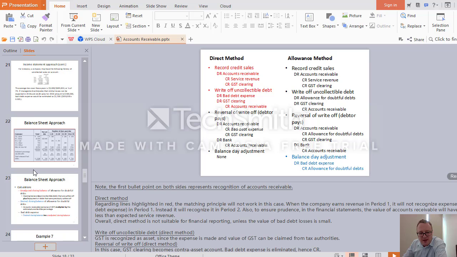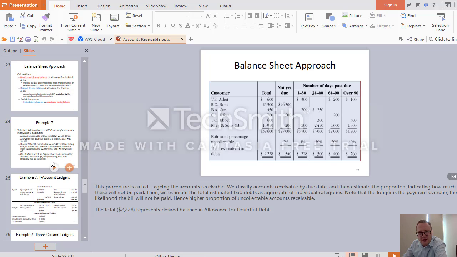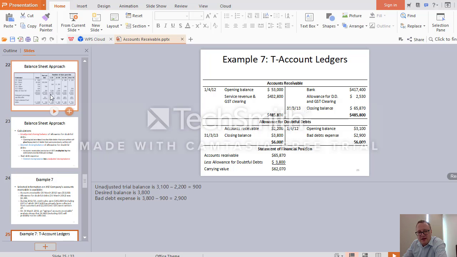So you will get this balance, the desired balance, the one that we want to have. We will compare it with the unadjusted balance. Here it is 3,100 minus 2,200, and you will subtract this balance minus the balance that you get here, and you will get the value 2,900.